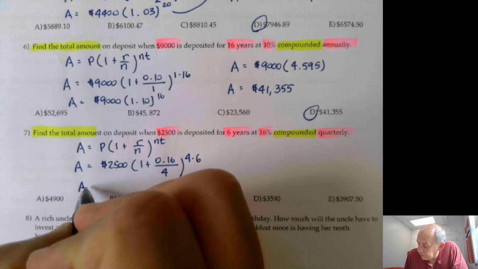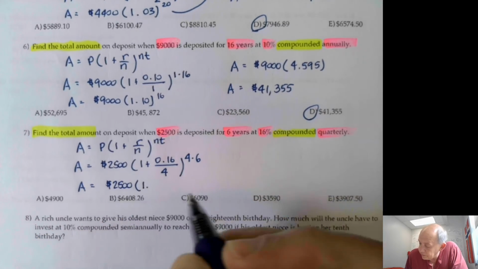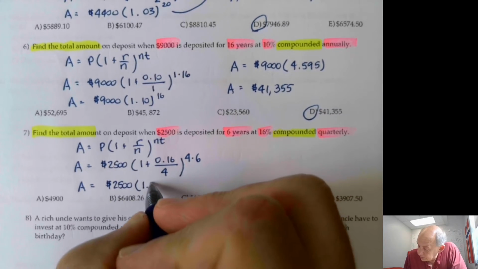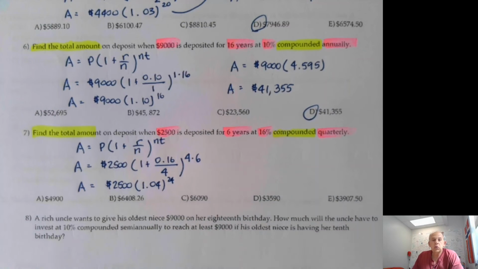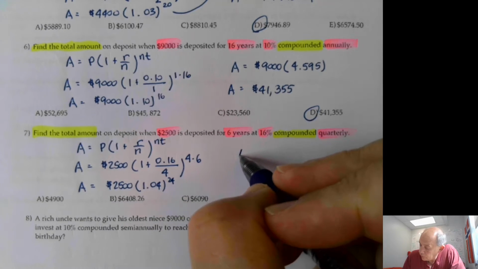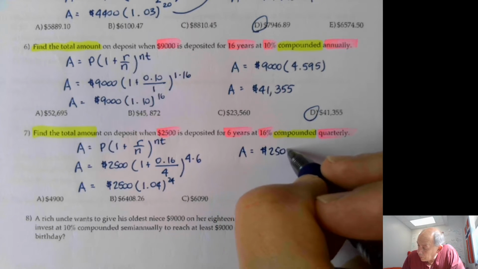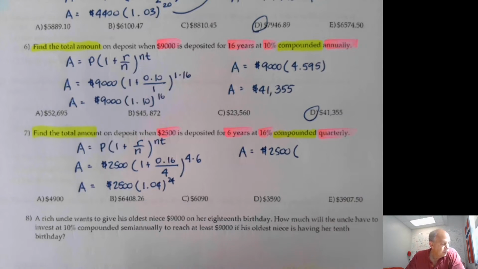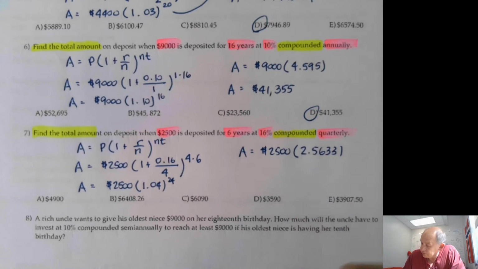So what I have, my future amount is 2,500 times 1.04 raised to the 24th power. My future amount is 2,500 times 2.5633.